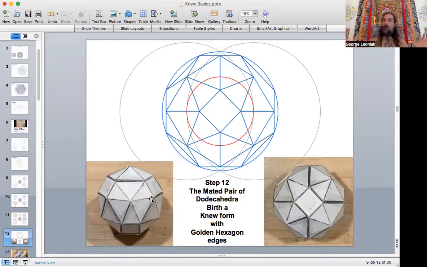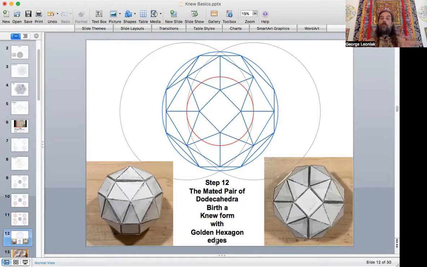So now if there's any form that I would say has been the most expansive in my understanding of sacred geometry, it is working with the golden hexagon, which does have 120-degree angles, just like a regular hexagon, but it has golden proportion edges, right? So if I extended this out, it would make a golden rectangle.